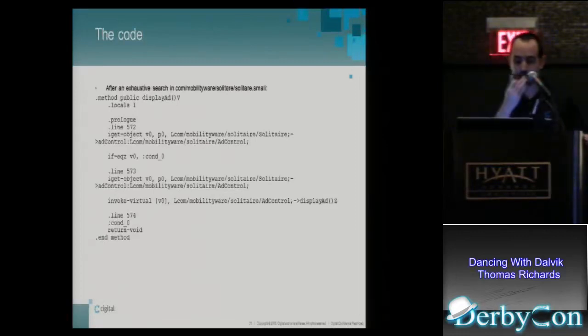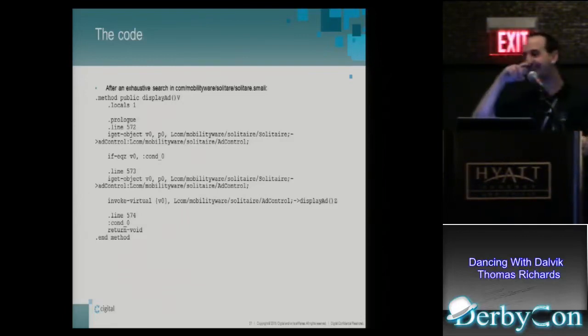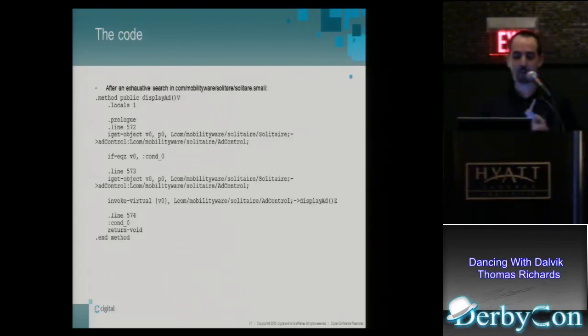So I was looking through the code. I was grepping through the code for the word ad. That was really hard to do because ad is a very common combination. So I did stuff like display and call and ad control.